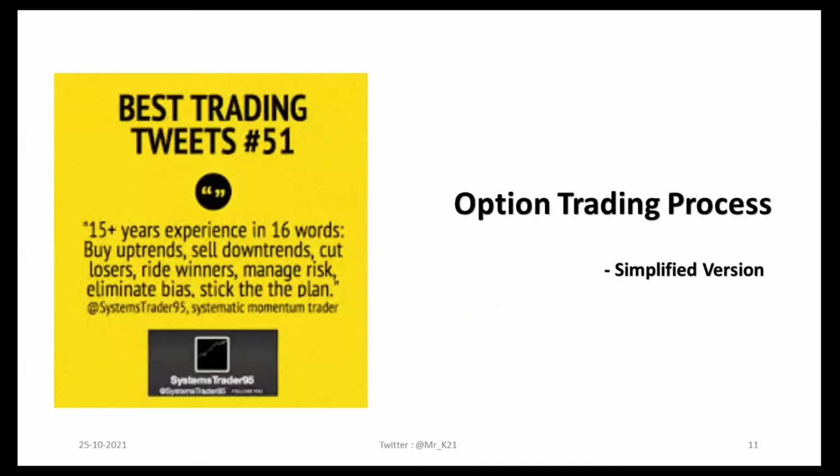Now, before starting our option trading process, which is a very simplified version, you should understand this code from the best trading tweets, from 15 years of experience in 16 words: buy uptrends, sell downtrends, cut your losses, ride your winners, manage your risk, eliminate bias, and stick to your plan.